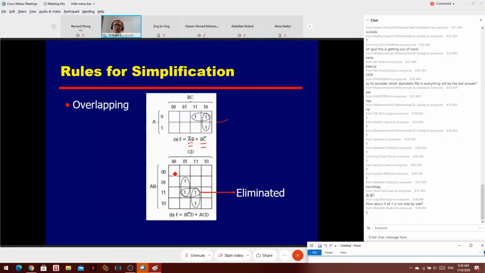But if you have groups that are overlapping with each other, like now you have three groups, but one of the groups can be incorporated in either one, then we eliminate the one that belongs to both. So we only keep two simplified terms. I'm not saying that you cannot keep it, you add it as another simplified term. But if you do that, then you have three terms. Why have three terms when you can have two? So in that way, you eliminate the one that is redundant.